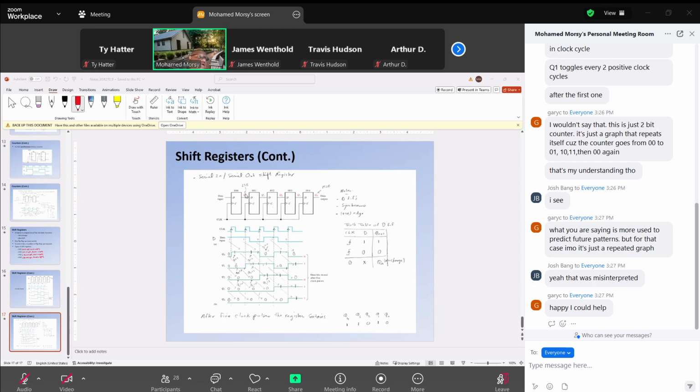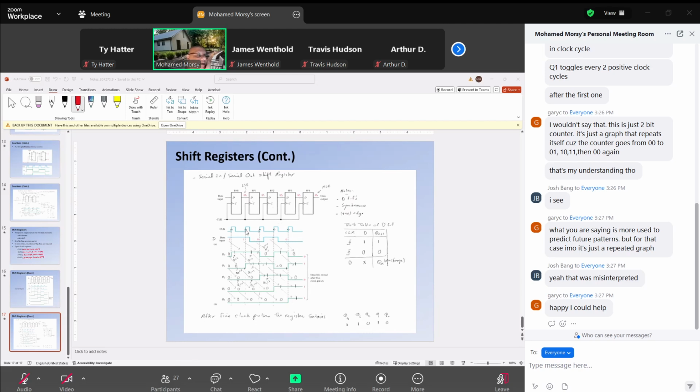So Q1 depends on Q0 and the edge, not on D. So for example, Q1 is 0 until the first edge here, then the input is Q0, right? So just before the edge, T0 minus, what is the input Q0? Q0 is 0. So 0 appears at the output and continues up to the next edge.